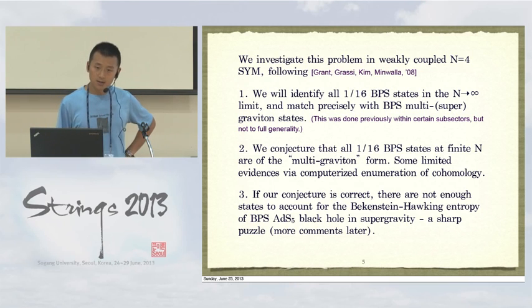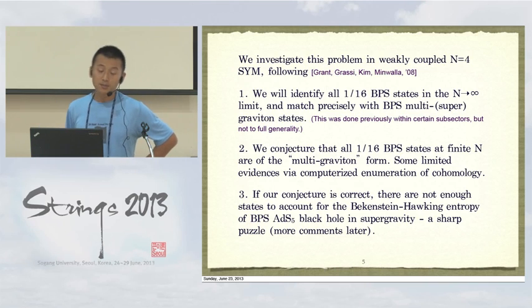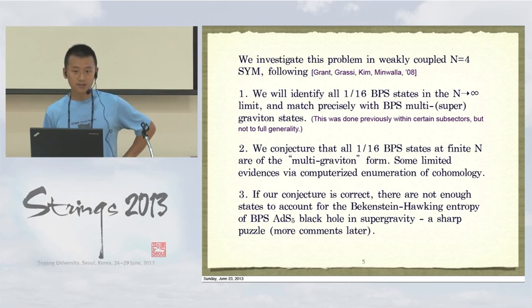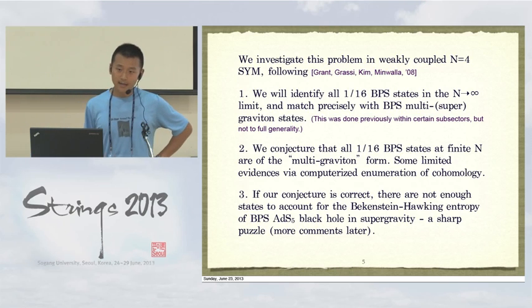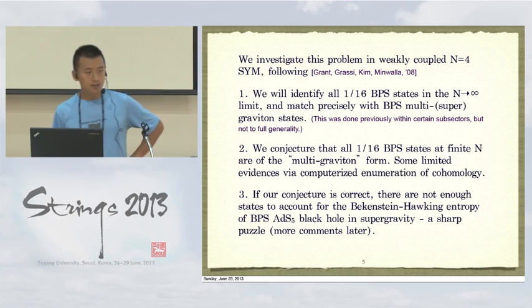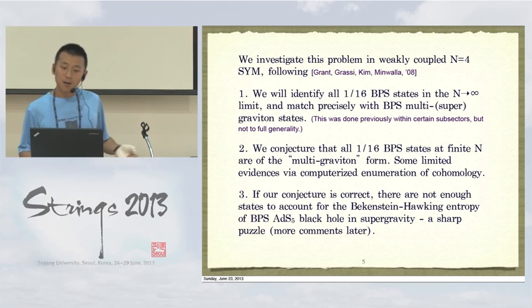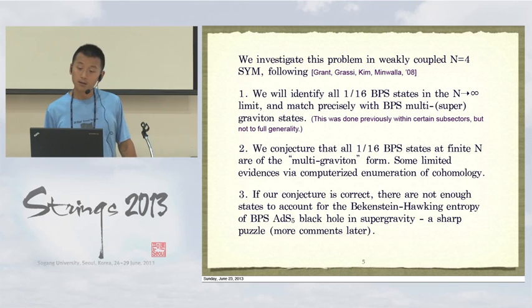I should mention that this was, of course, understood before, but only within some subsectors, such as the sector involving operators made out of scalars only. But here, I will do it in full generality. And that small improvement will buy us something because it will allow us to explore all possible operators of this sort. And that will be important for reasons that become clear later on.